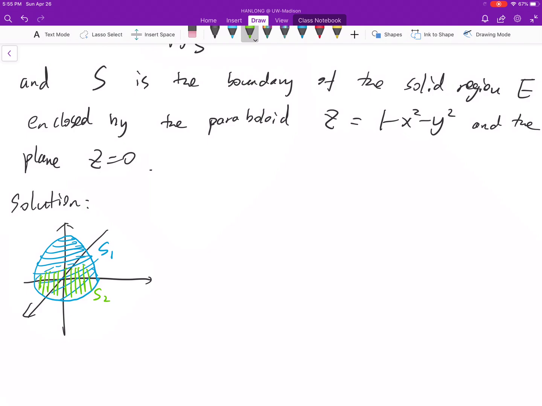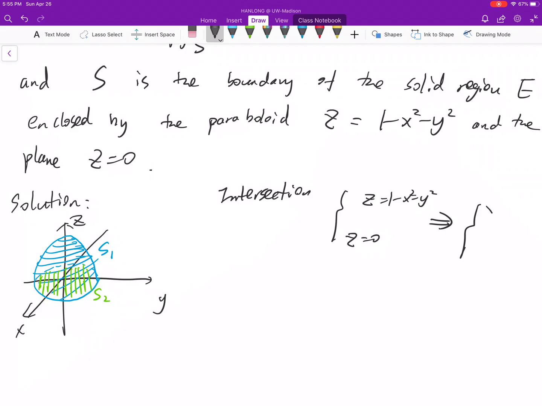Okay, and now, first let's decide the region S2. So we do the intersection. Z equals 0, so this is x, this is y, this is z, and z equals 1 minus x squared minus y squared.